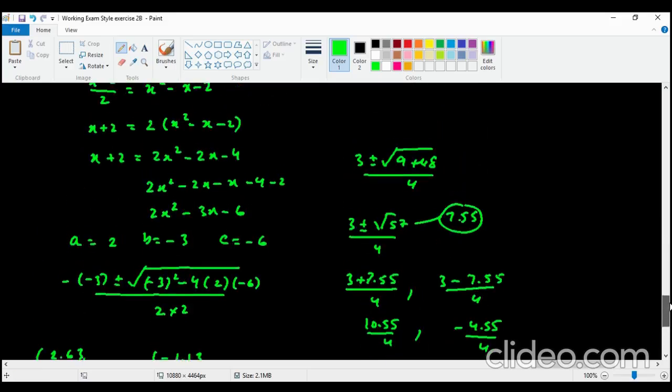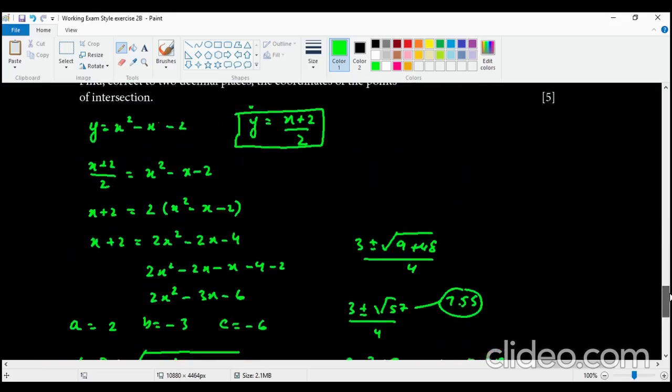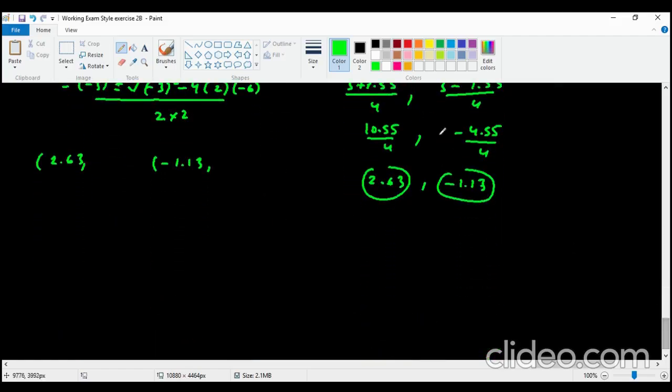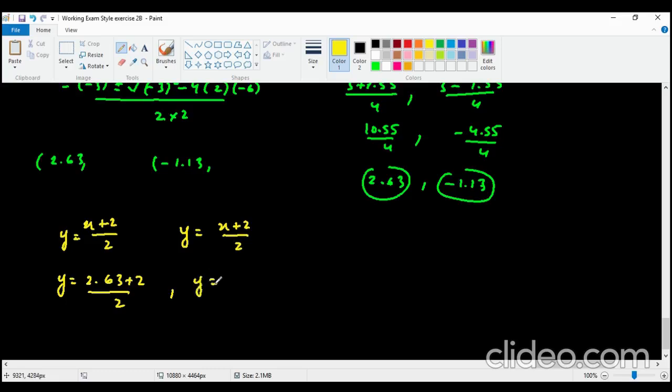Now we'll find out the value of y. Since the value of y is x plus 2 over 2, I will write this two different times. First value is going to be 2.63 plus 2 over 2, and second value is y equals negative 1.13 plus 2 over 2.